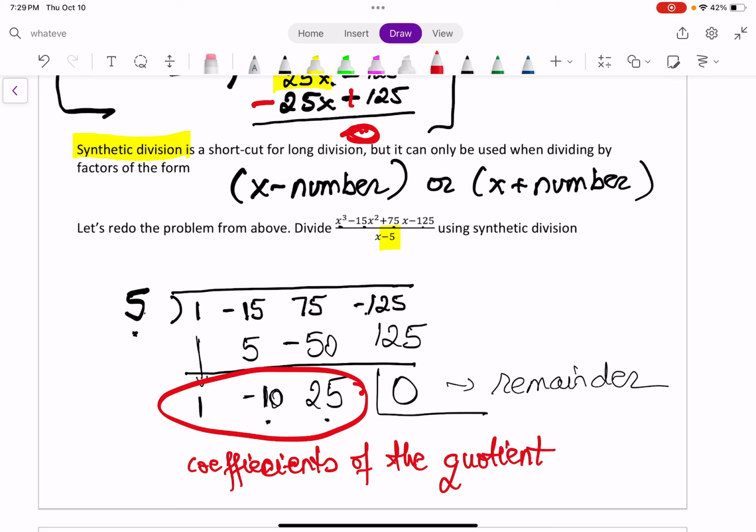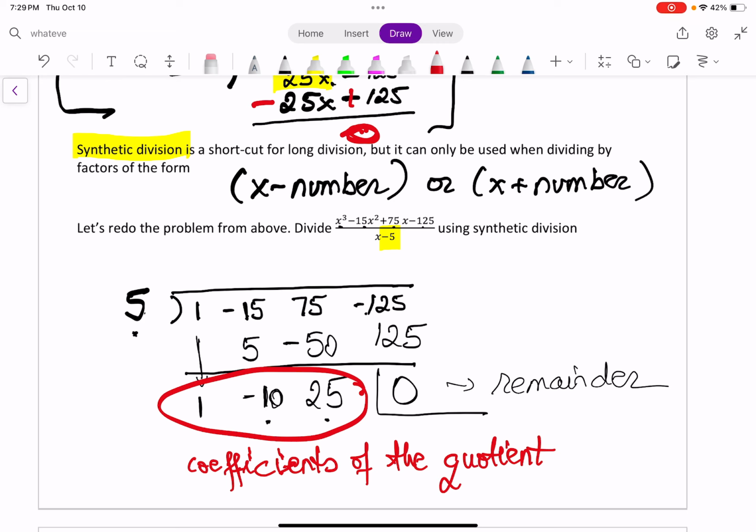Okay. I knew something was wrong. There's an E here. Coefficient. Okay.